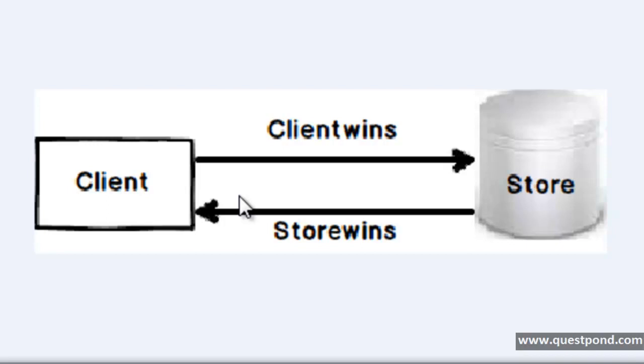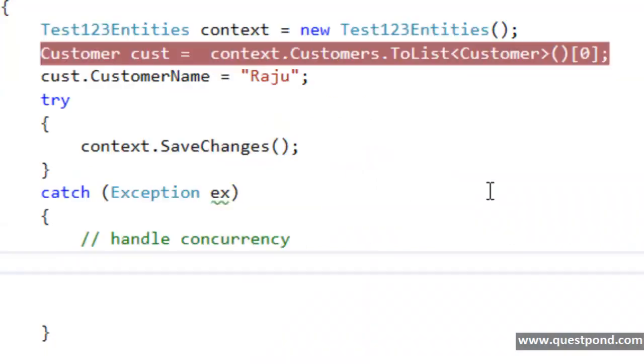In Entity Framework, if you want to send the data from the client to the database, we use ClientWins. If you want to get the data from the database into the Entity Framework object, we use StoreWins. So let's see how we can implement ClientWins and StoreWins in Entity Framework.